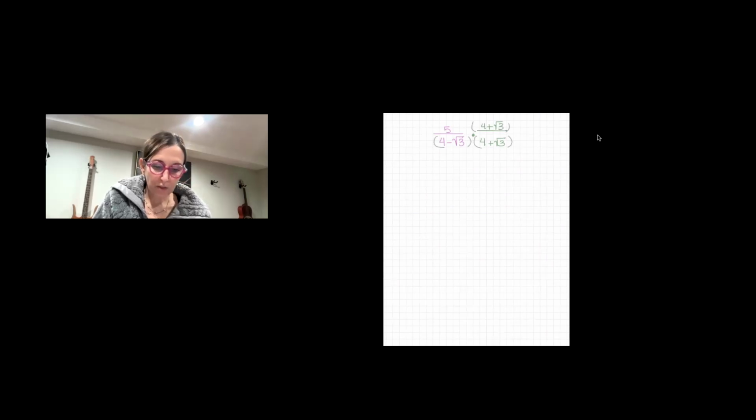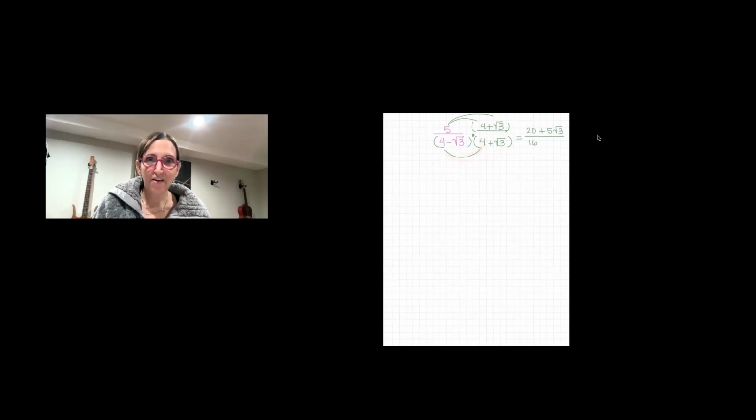So I need to distribute this 5 to each piece inside the parentheses. So 5 times 4 is 20 plus 5 root 3. That's my numerator. And then in the denominator, I have to FOIL. 16, and then I'll have minus 4 root 3 and plus 4 root 3. So those middle terms will drop out.